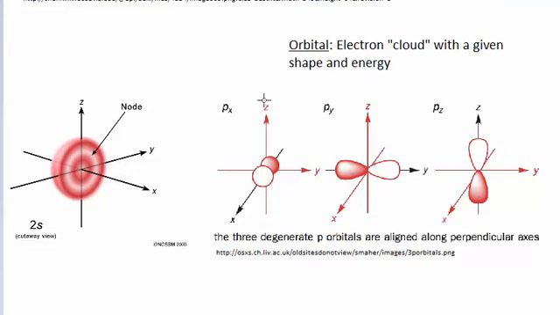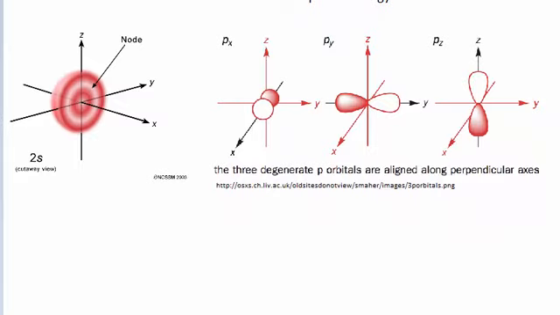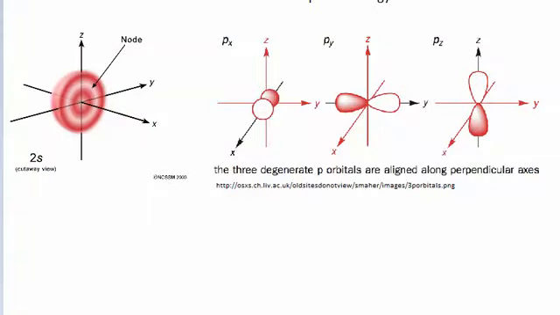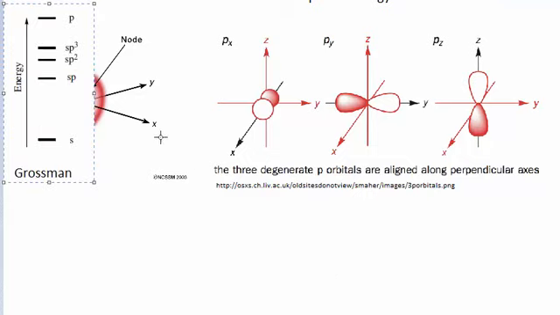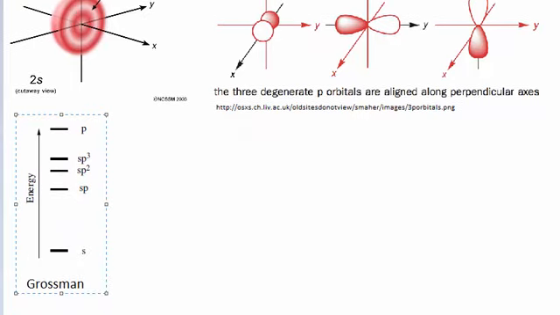The other thing we talk about is the energies. The energies are determined by the quantum numbers associated with the atomic orbital. So, for example, you should be familiar with an energy diagram like this. s orbitals are typically lower in energy than p orbitals.